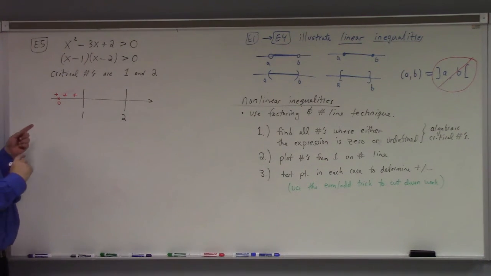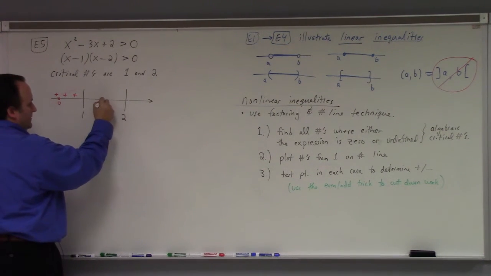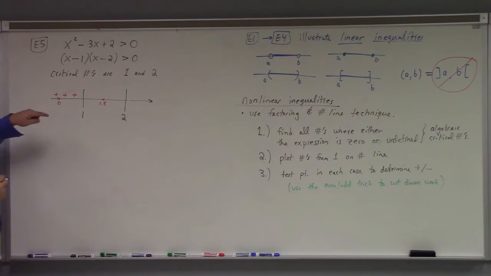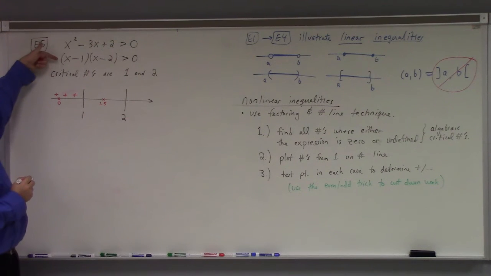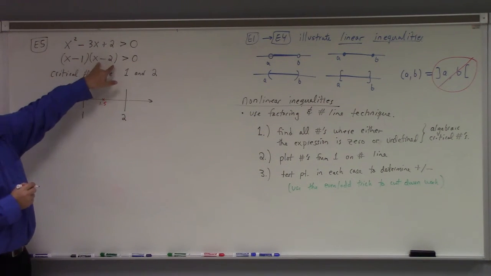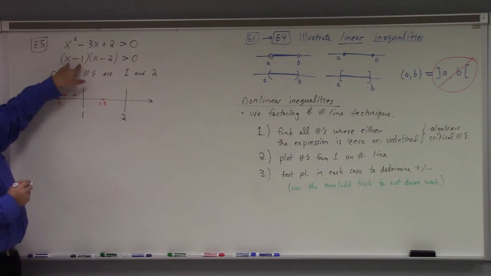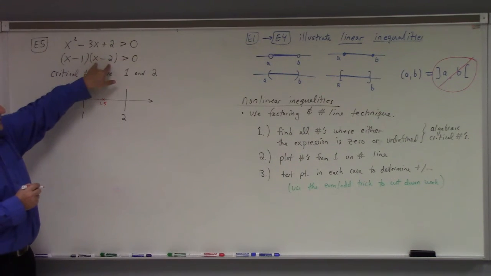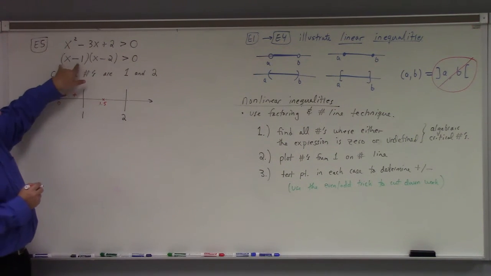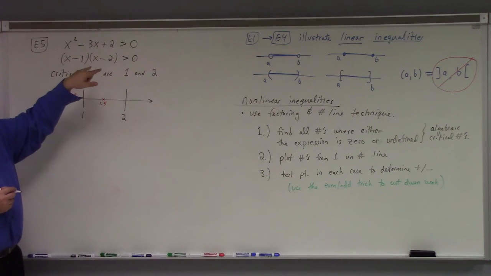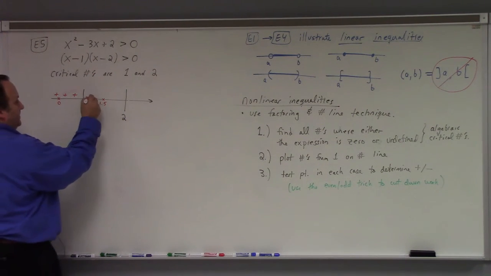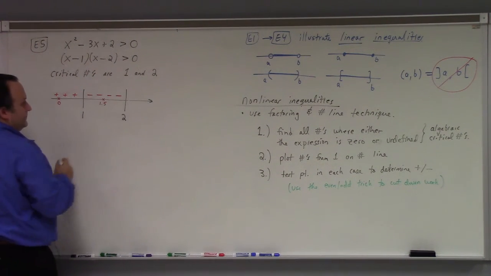All right, what's between 1 and 2? We could pick like 1.5 as a test point. If I plug it in, it's better to use the factored form for 1.5. 1.5 minus 1 is 0.5. 1.5 minus 2 is minus 0.5. So we got plus times minus. Plus times minus is minus, right? Minus is up in here.